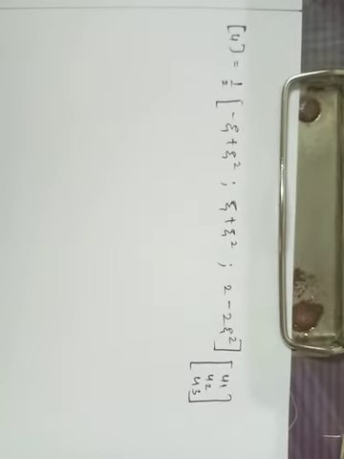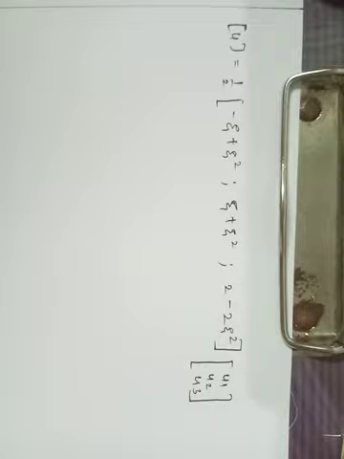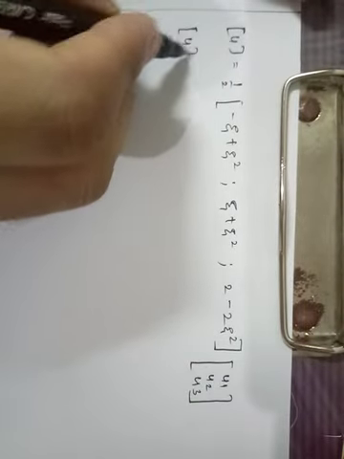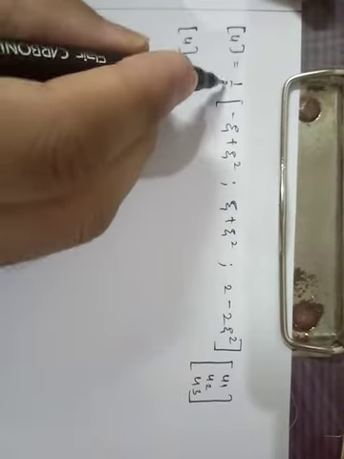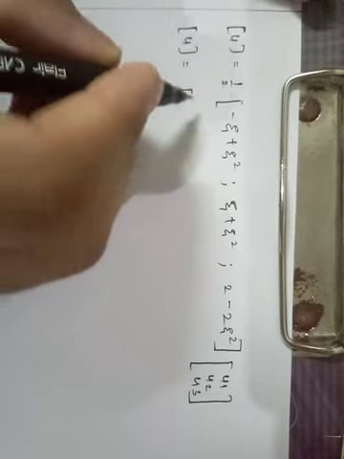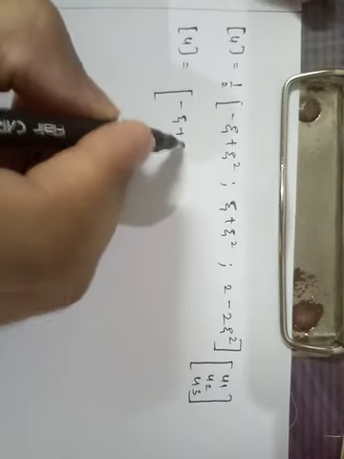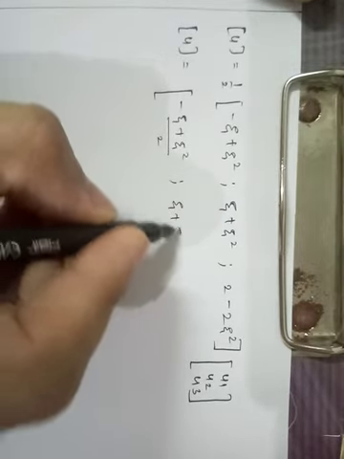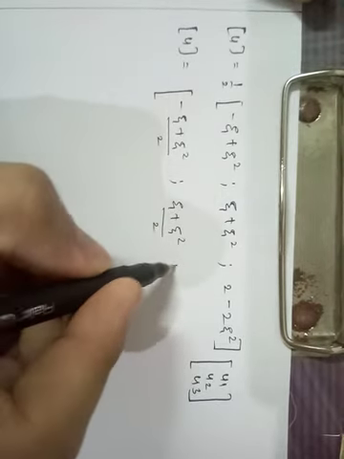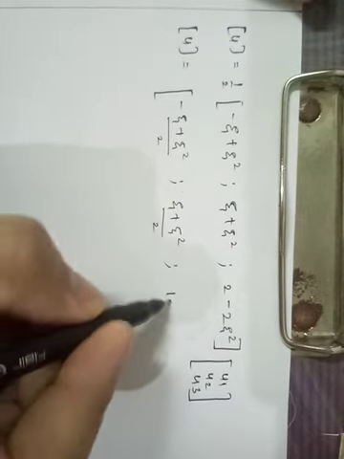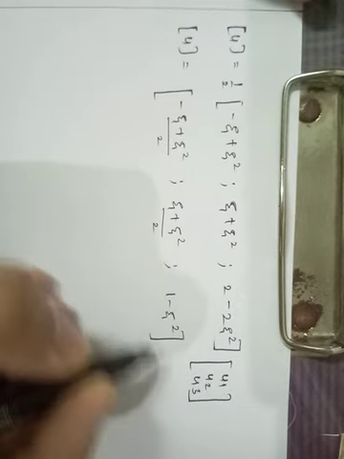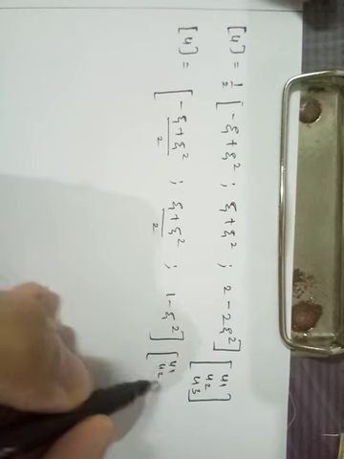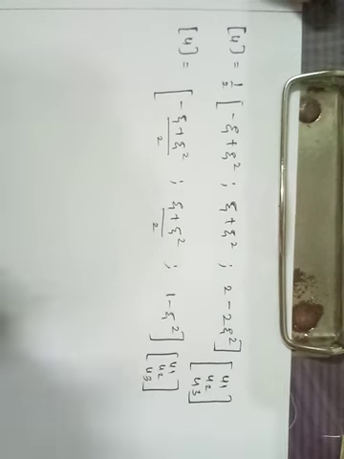So further simplifying, we'll be getting u is equal to, I'll take this inside, so it is minus zeta plus zeta square divided by 2, zeta plus zeta square divided by 2, 2 is common over here, so it becomes 1 minus zeta square, times u1 u2 and u3.